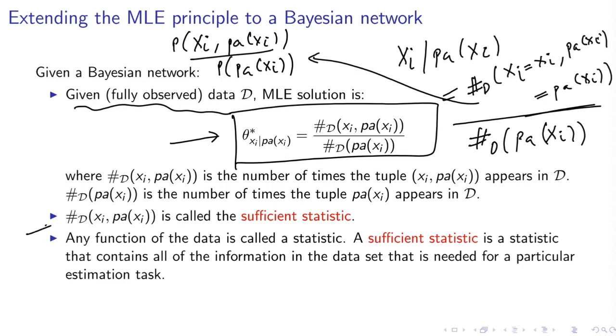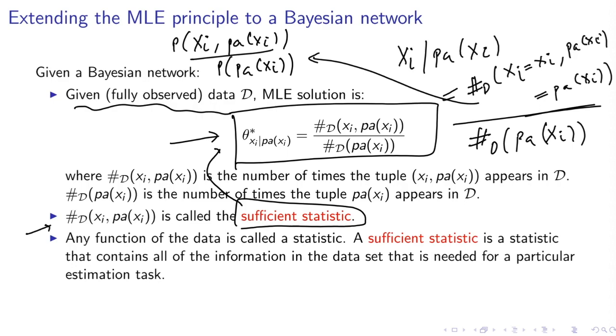So often these counts that we compute from data over xi comma parents of xi are called sufficient statistics. Sufficient statistics for this estimate. If you remember from your statistics class, any function of the data is called a statistic, and a sufficient statistic is defined as a statistic that contains all the information in the data set that is needed for a particular estimation task.